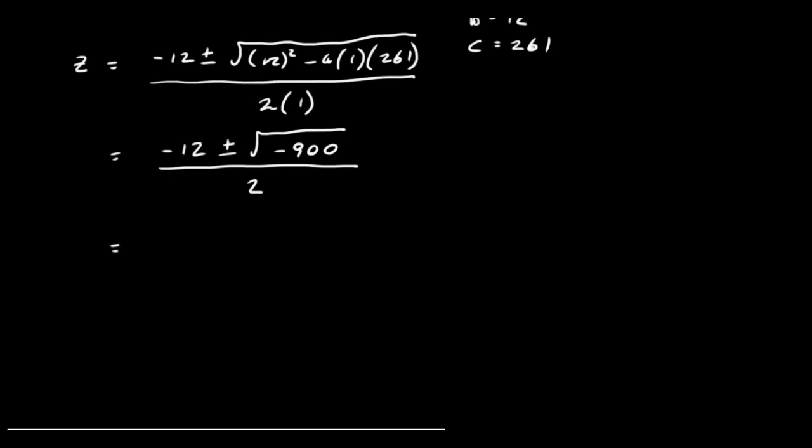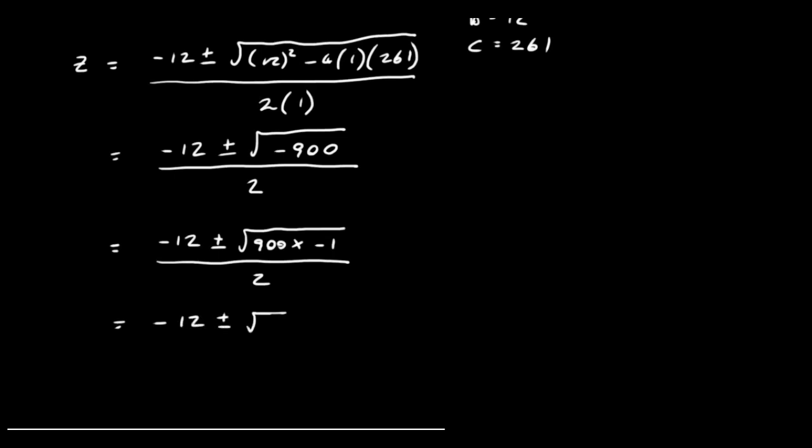So we've got minus 12 plus or minus the square root of 900 times minus 1. So I'll do this in stages. This is minus 12 plus or minus the square root of 900 times the square root of minus 1, all divided by 2.